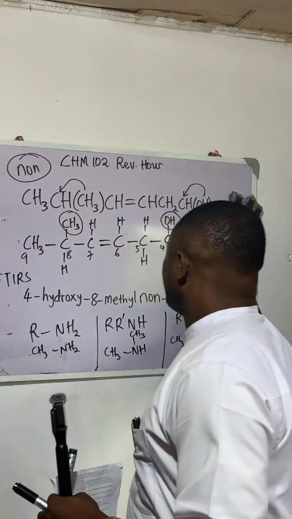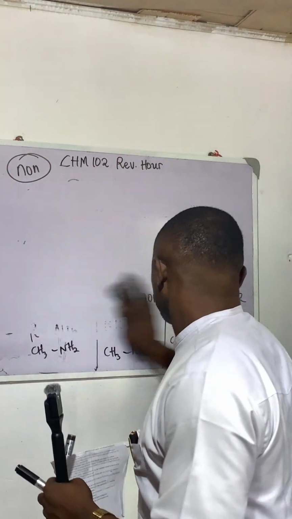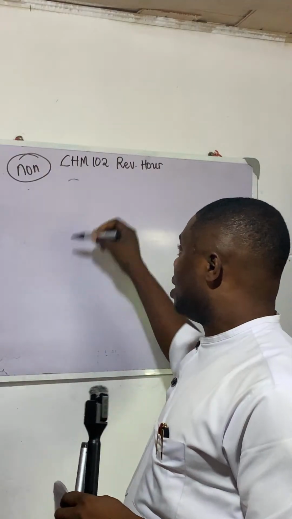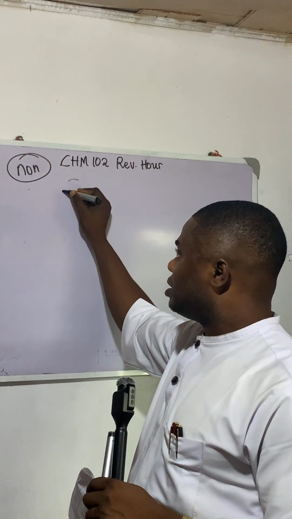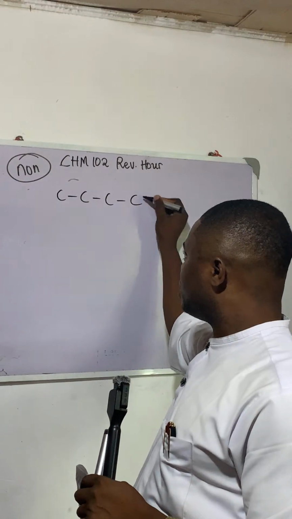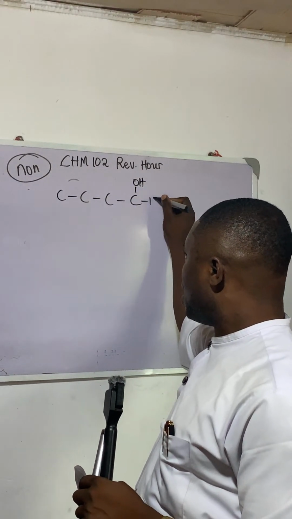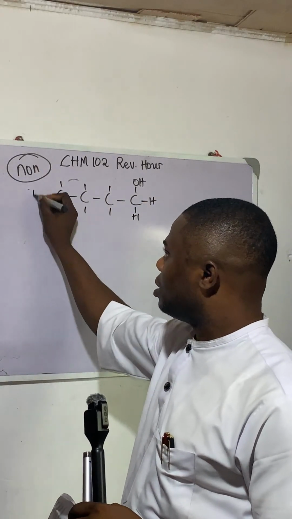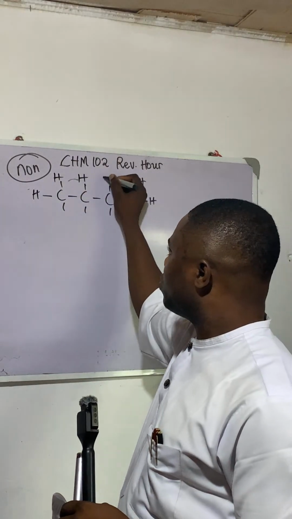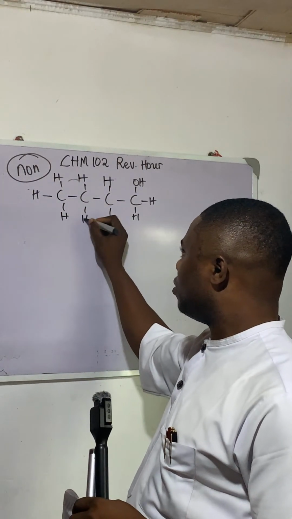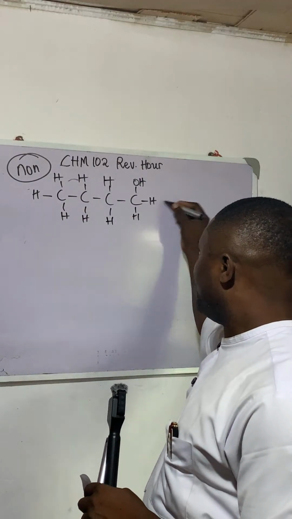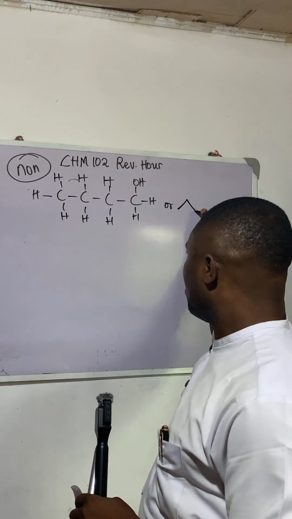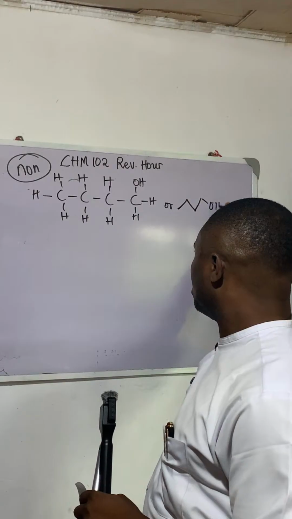Let me just illustrate that. Let me show you. First of all, C, C, C, and C, OH, with hydrogens 1 2 1 2 1 2 1. All this is the graphical formula for butanol. Butanol can also be represented in a skeletal form: 1, 2, 3, 4, then I put OH.